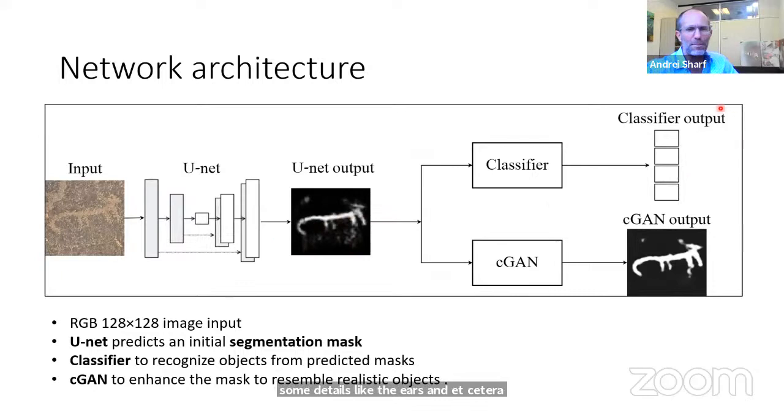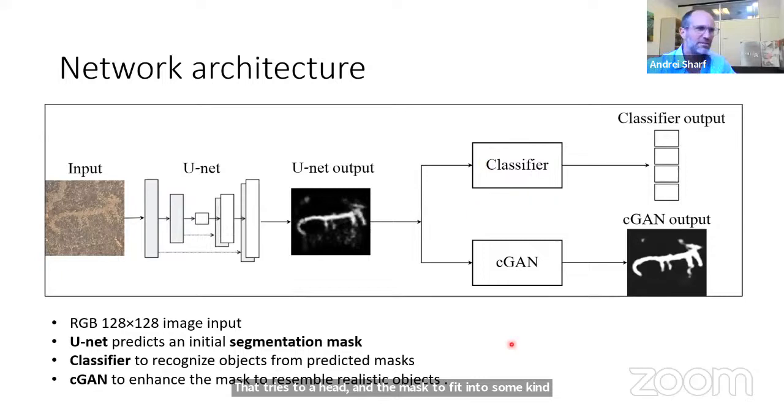So we combine it with two additional branches. One is a classifier that tries to help the mask to fit into some kind of known class of objects, shapes.